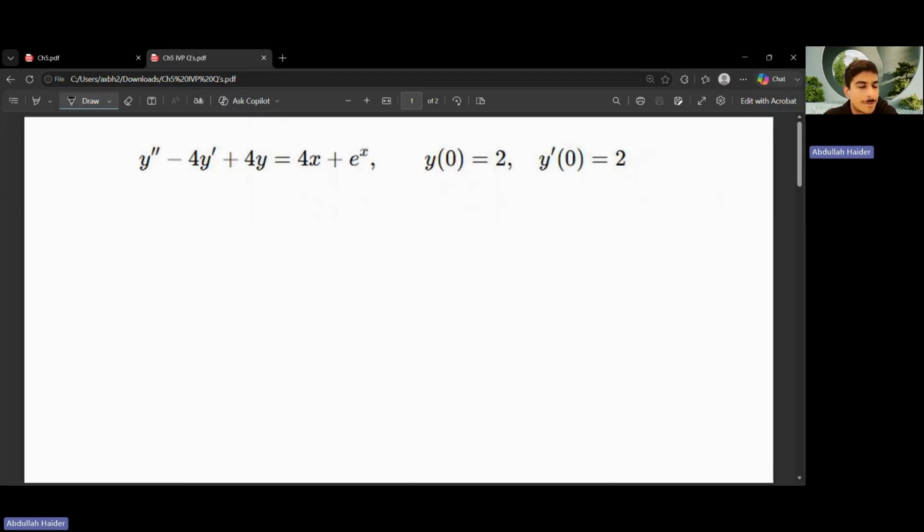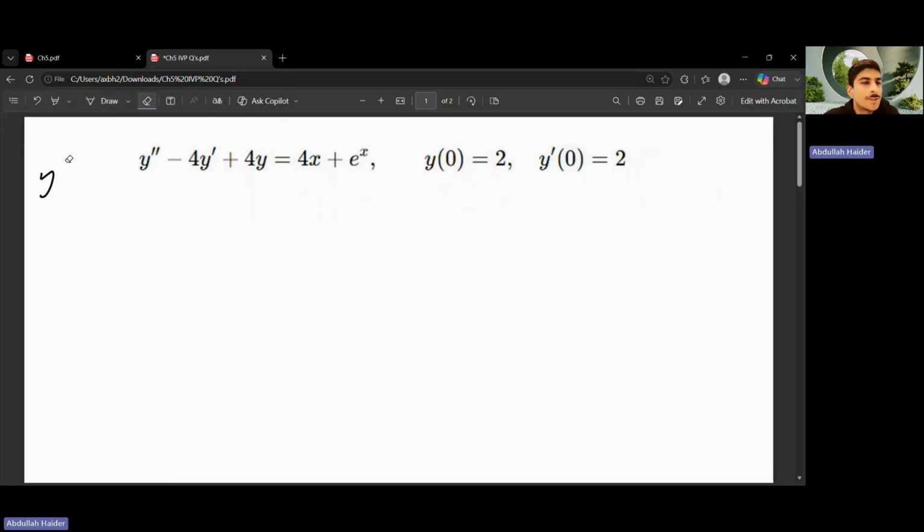What I was doing in the cases was just finding the homogeneous solution and yp, but now we will learn how to find the constants as well, a, b, c, and all that. So consider this like an actual question which you could get in an exam.